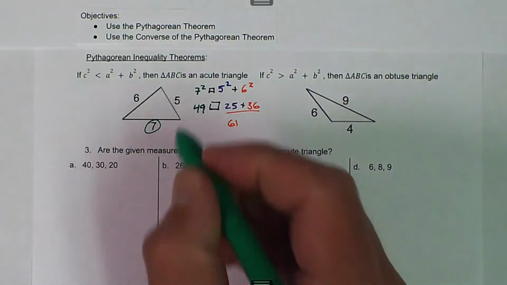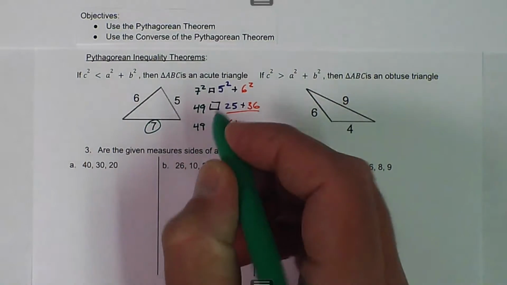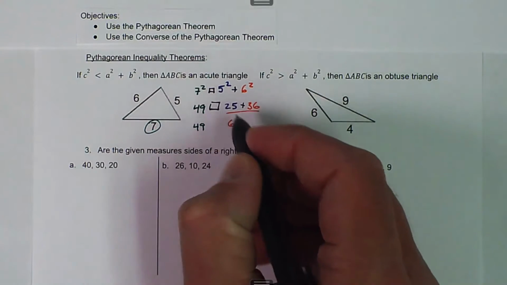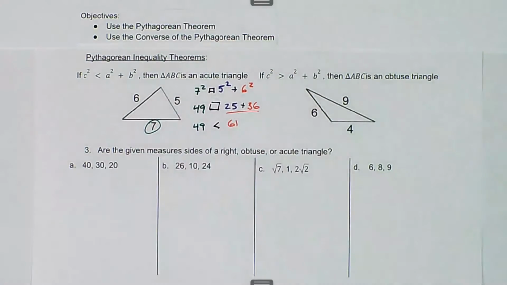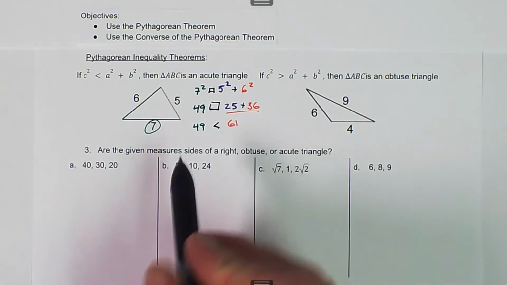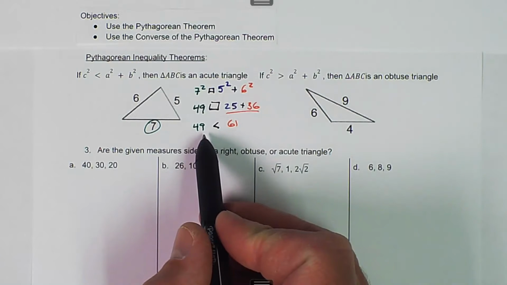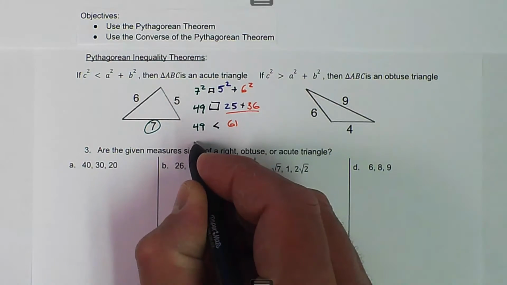And 49 is less than 61. So because the hypotenuse squared is less than the other two added together, this is an acute triangle.